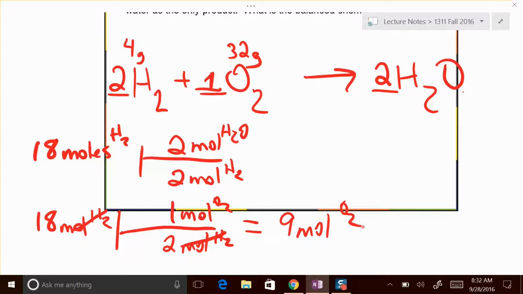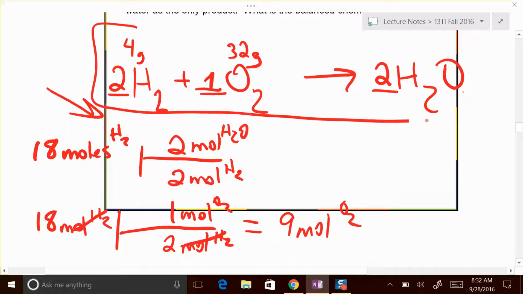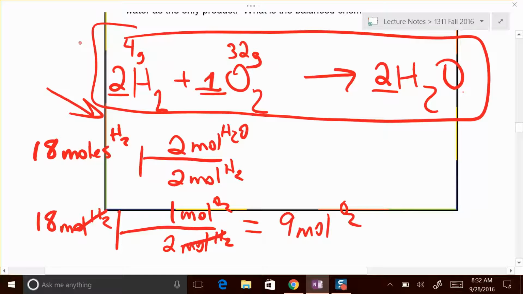It's a conversion. Yes, sir? How do you determine if it's 2 moles or 1 mole? You have to balance the chemical equation. So the only way that I would know how to do this stoichiometry is by my balanced chemical equation. That is the only way.